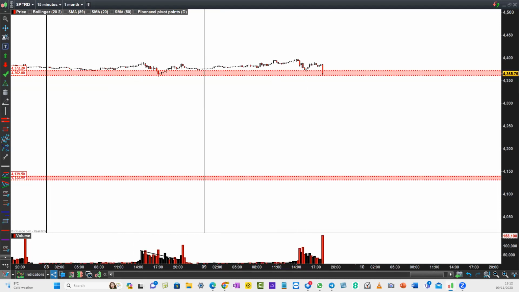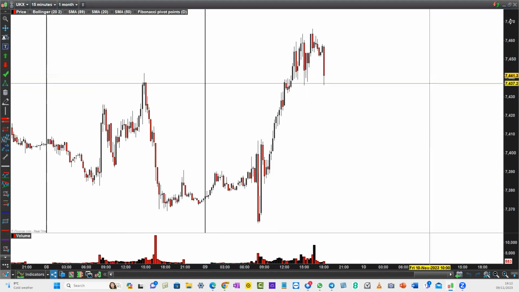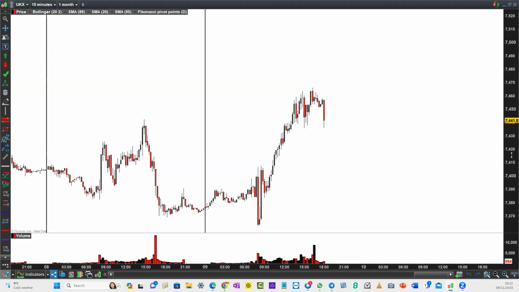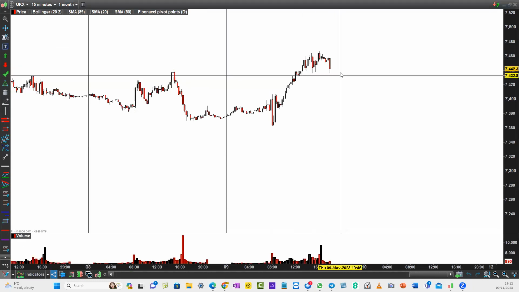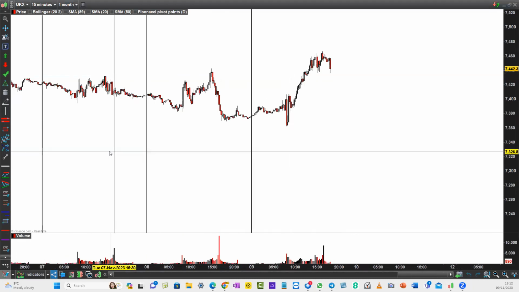Let's look at the FTSE because we've got GDP tomorrow. Right, I actually shorted the highs. Let me see. Went in quite heavy-handed. So I've got a couple of £100 up on this trade at the moment. Right, let's look at the Monday open on this one.